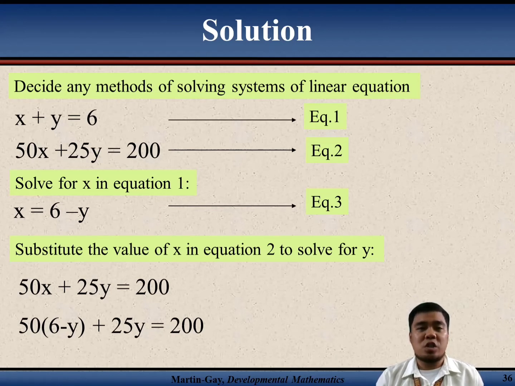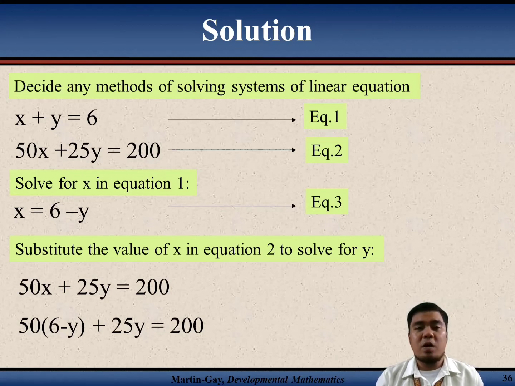But actually, transposition again is a shortcut explanation. The real explanation for that is the addition property of equality. So we have to think of an expression that will leave the variable alone on the left side of the equation.